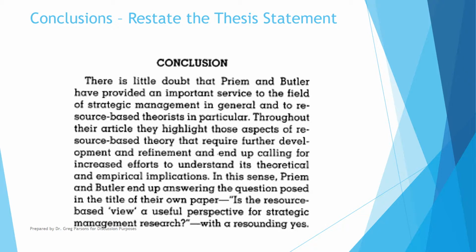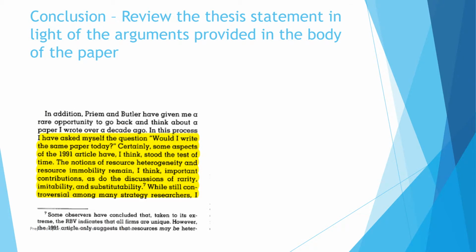And so he summarizes some of the things that Priam and Butler said, and then he goes on to add some future direction. So he says he would like to go back and look over some of the comments they made, and perhaps find some ways to improve his original article based upon research that's been done subsequently.